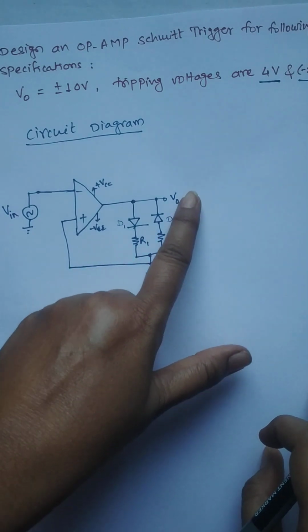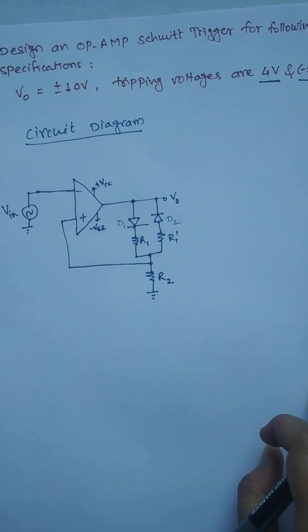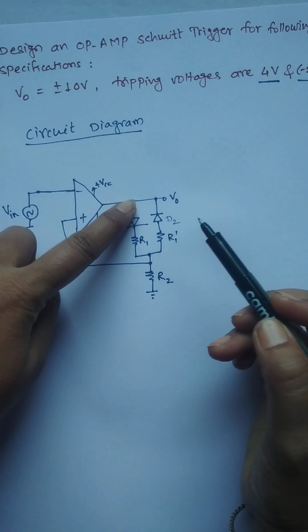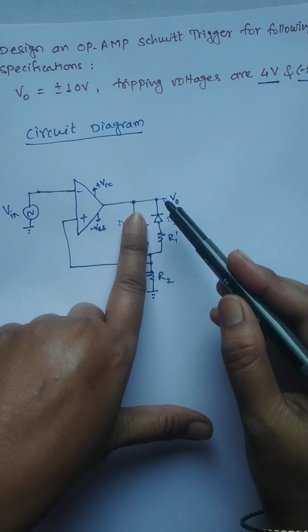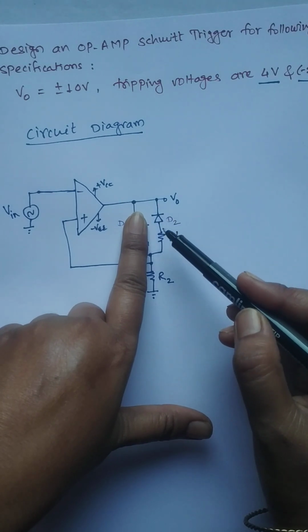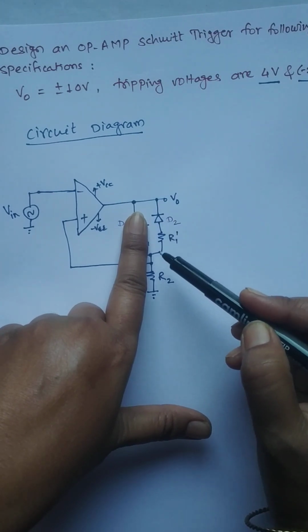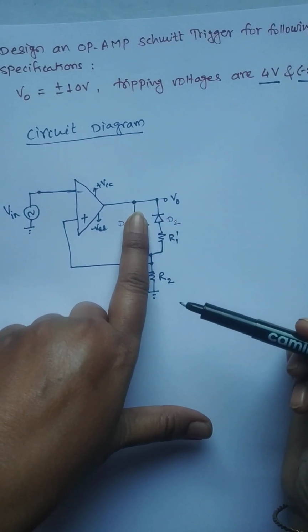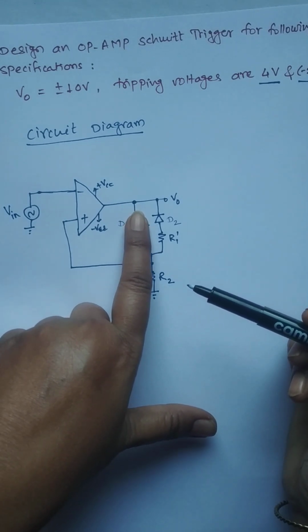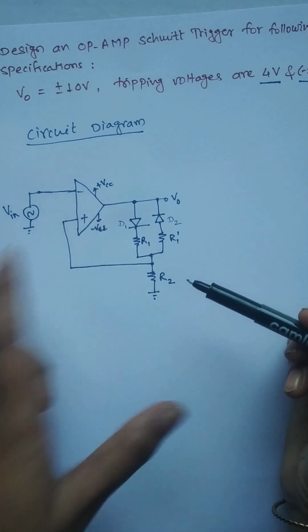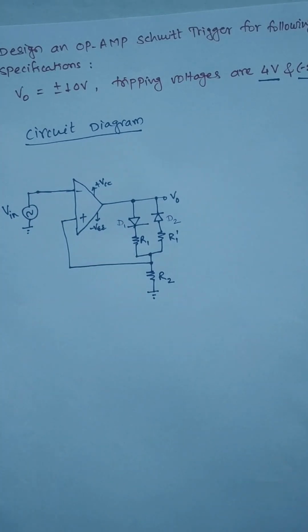And whenever V output is minus Vsat, D1 will be reverse biased and D1 R1 will not be in the picture. Only D2 will be forward biased, so it will act as closed, and R1 dash will be in the picture. As two different values, 4 volt and minus 2 volt, are there, only the circuit diagram changes.